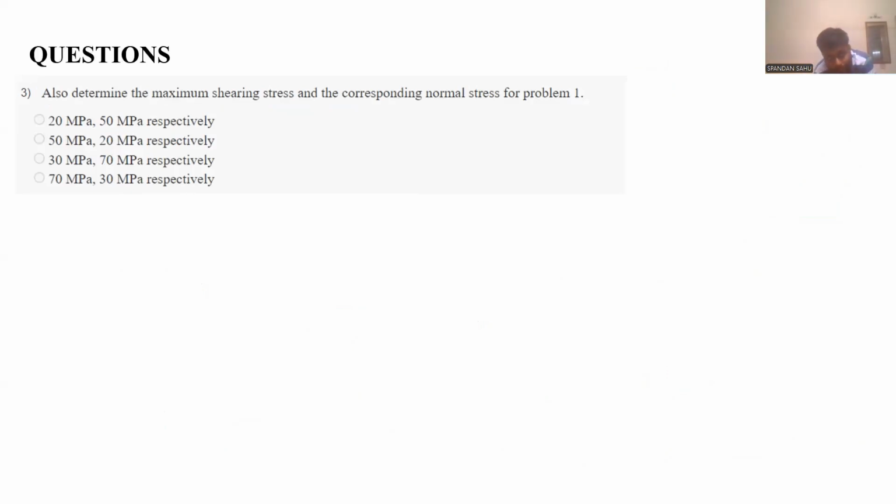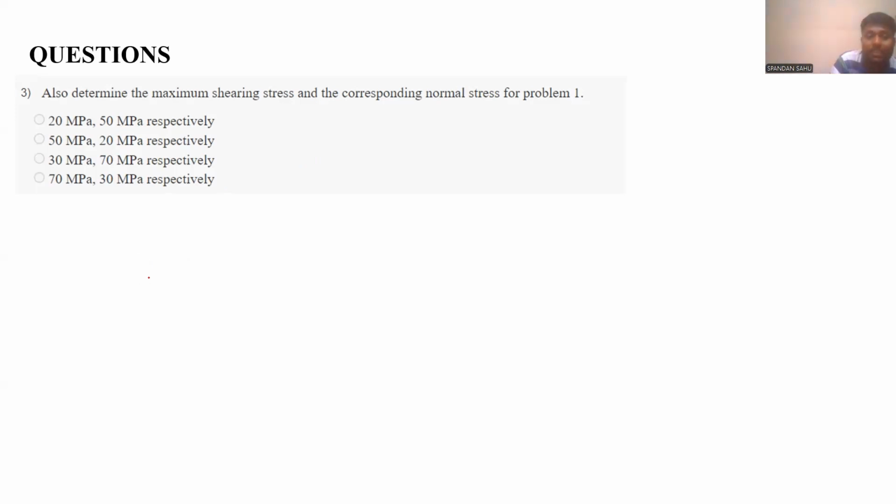They are also asking to determine the maximum shearing stress and the corresponding normal stress at which the maximum shearing stress is occurring. So this is just straightforward. You have to apply the formula.